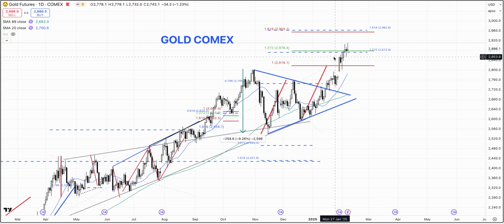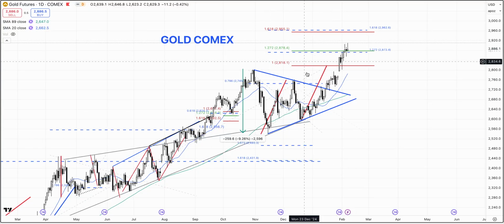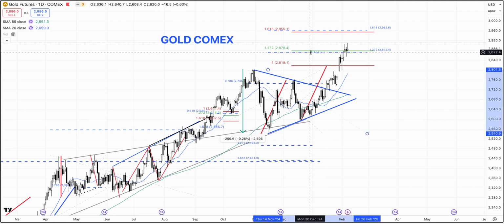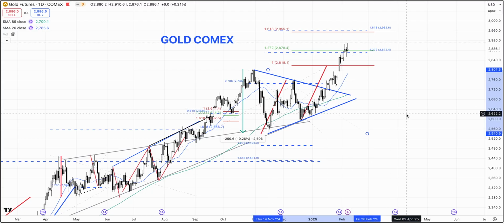And it's gone right into this 1.272 extended projection, and right into the 1.272 expansion of this entire range that we saw. A little bit of correction we had from 31st of October right into 14th of November last year.